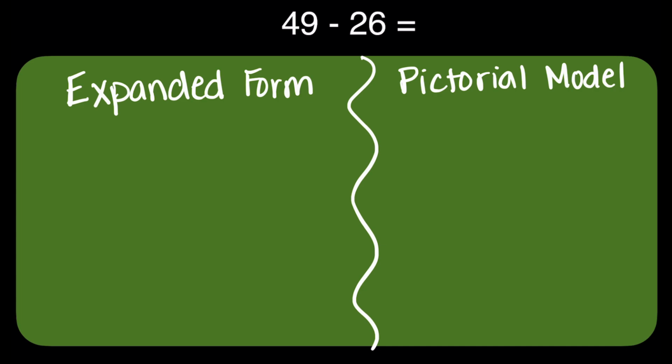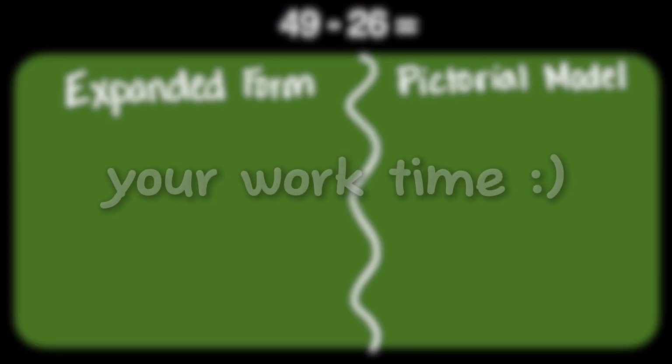You are taking away. Remember to keep your tens and ones together. And remember, in pictorial model, you're not going to draw both numbers. You're just going to draw the biggest number so that you can take away the smaller number. All right, I'm going to go ahead and blur the video, and I'm going to give you some work time so that you can solve this without me, and then we'll reveal the final answer.